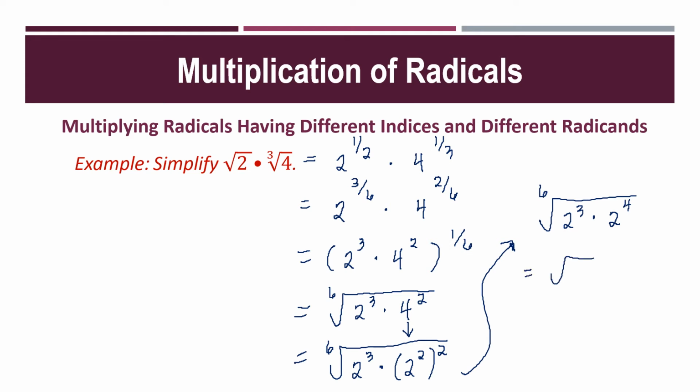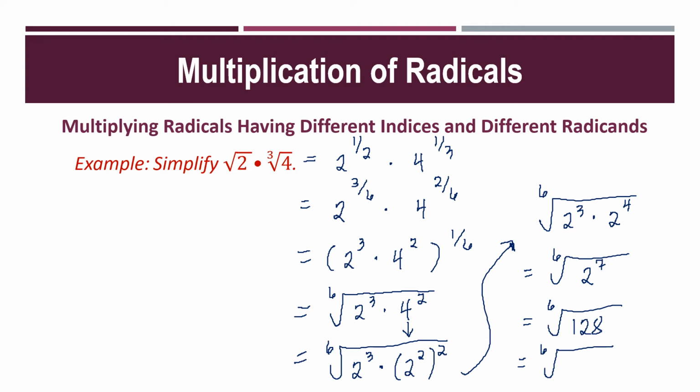Applying the laws of exponents, we have the sixth root of 2 raised to the seventh power. Now, what is the value of 2 raised to the seventh power? 2 raised to the seventh power is 128. So we have the sixth root of 128.